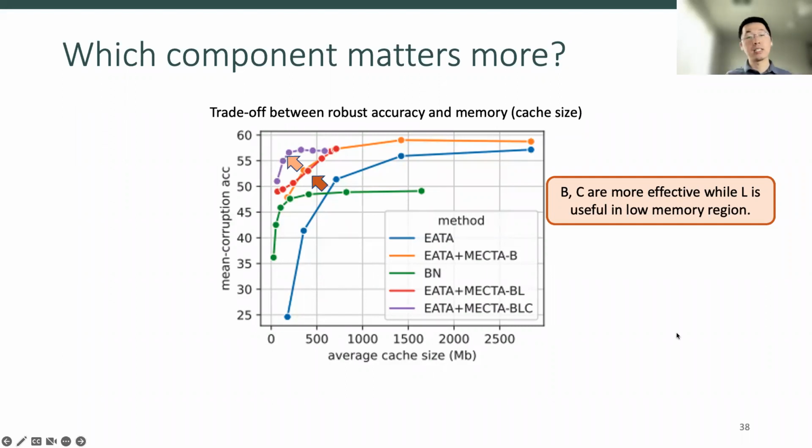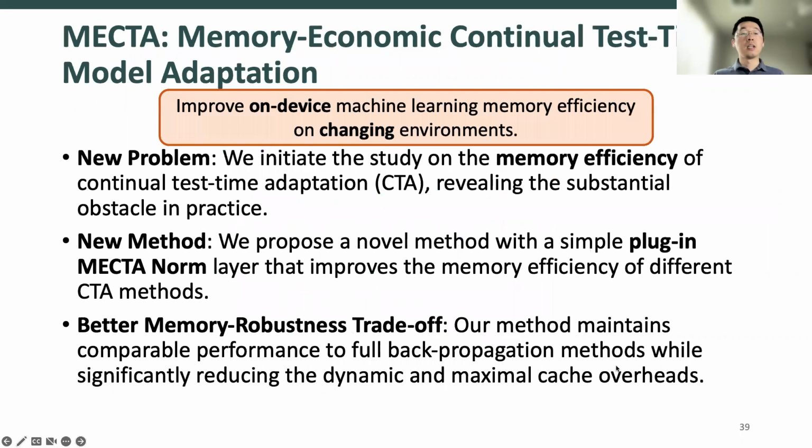In conclusion, we noticed that reducing the batch size and the channel size is more effective in improving the frontier. But dynamically reducing the layers is good, actually more useful when you only have a very small cache size. We may dynamically reduce the cache size at some time point.